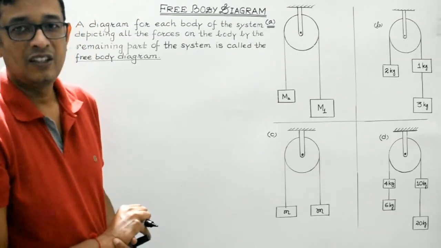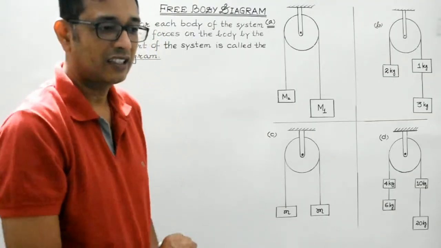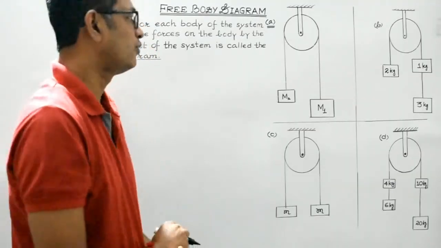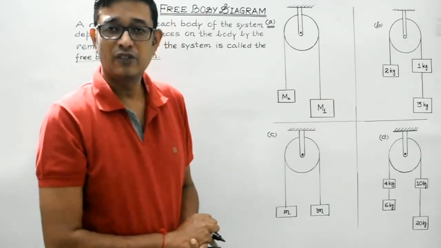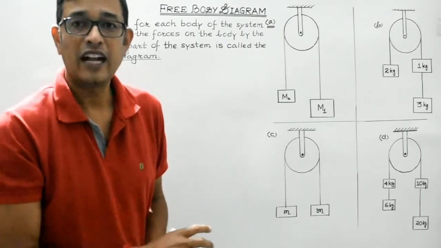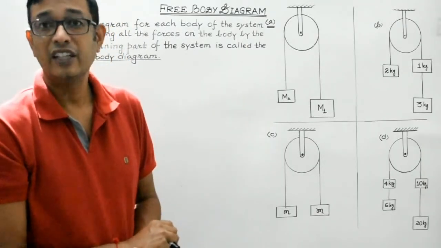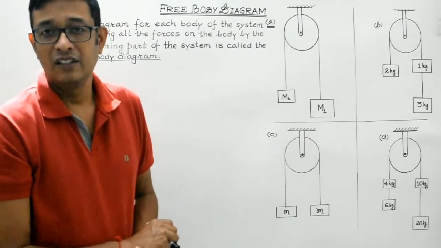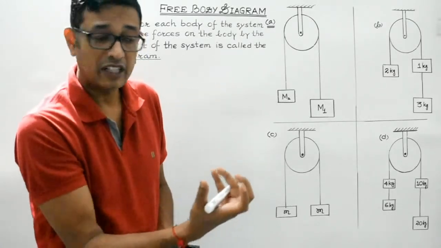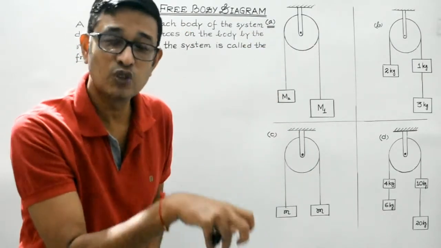Right students? So before we proceed, let us recap or introduce some basic facts. First and foremost, whenever we suspend a body with the help of a string, or for that matter a spring or a rod, then the body, due to its weight, that is force of gravity, will always act in the vertically downward direction along the radius of the earth towards its center.